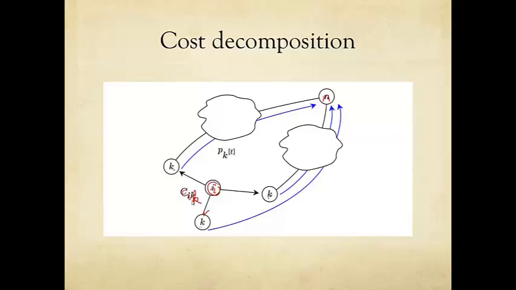Then let's denote by P sub I t as the minimum cost it takes for node I to go to destination N. Let's assume this N is a common fixed N for everyone.